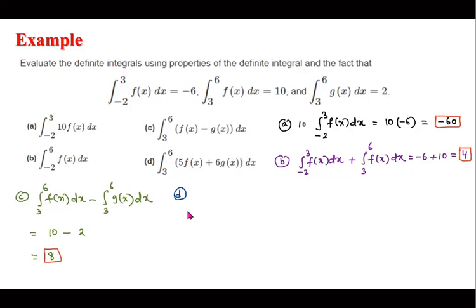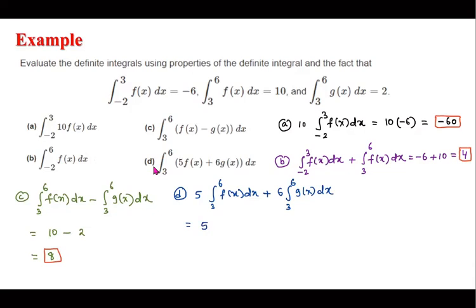In part D, we have to find the value of the integral, which is given as a sum. So it will be the integral of the first plus the integral of the second. In the first, there is a 5, which is a constant multiple, so you can write it outside. That is 5 times the integral from 3 to 6 of the function f of x dx, plus the second one, 6 times the integral from 3 to 6 of the function g of x with respect to x.